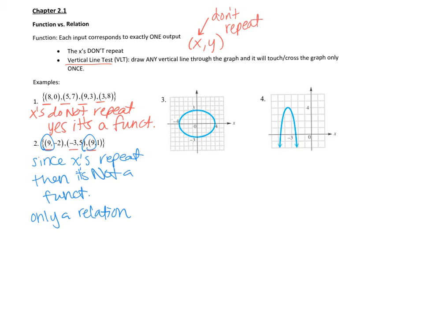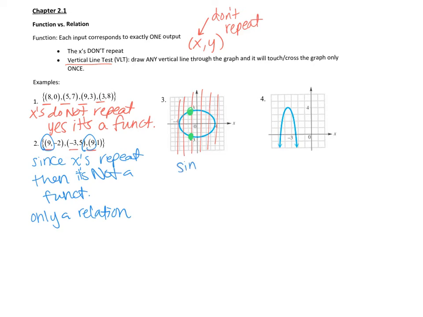Now let's look at our graphs here. When I look at my first graph, we said we're going to use the vertical line test. So I'm going to draw vertical lines anywhere in here. Because when I draw these vertical lines, I cross the graph more than one time at a given spot, this is going to fail the vertical line test.